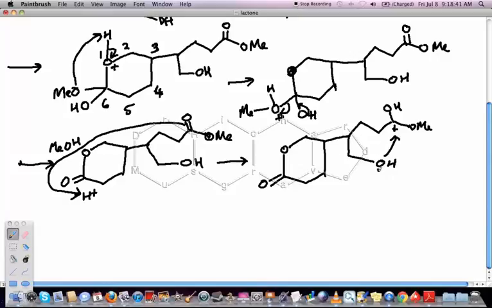And again, we can do our numbering. And you can see that this will be a six-membered ring.